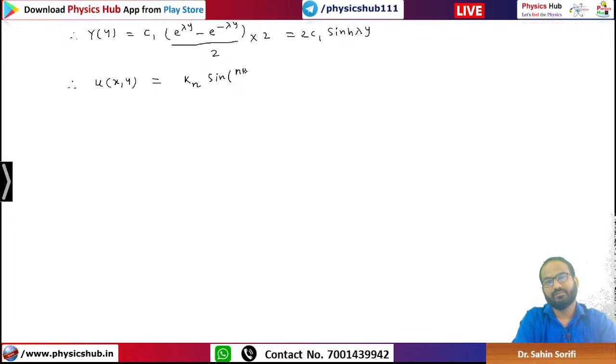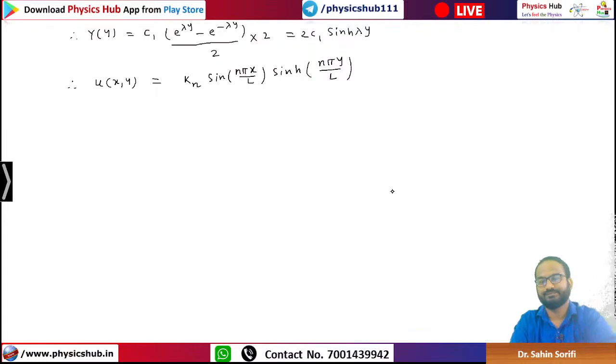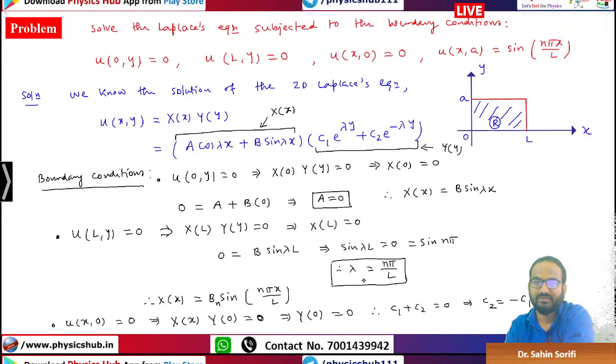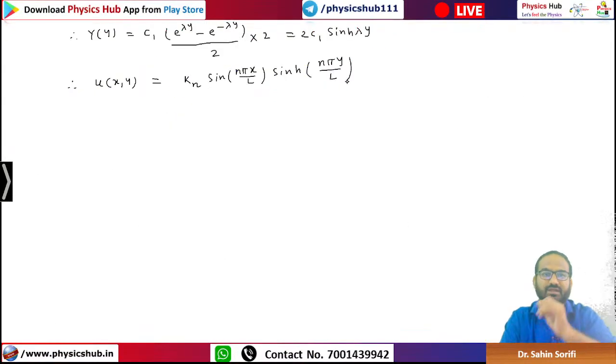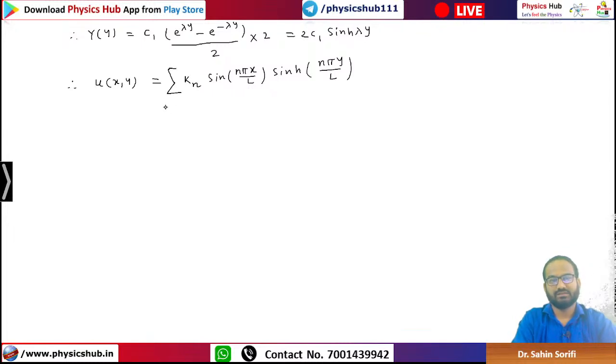Sin n pi x by L from the x part, and this sine hyperbolic lambda y, where lambda is equal to n pi by L. So n pi y by L. We have just put the value, so n is there. Now we need to specify the summation, n is equal to 1 to infinity.